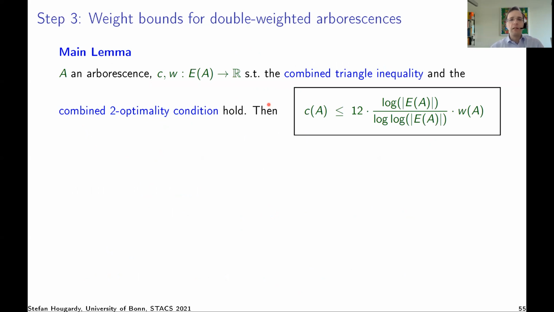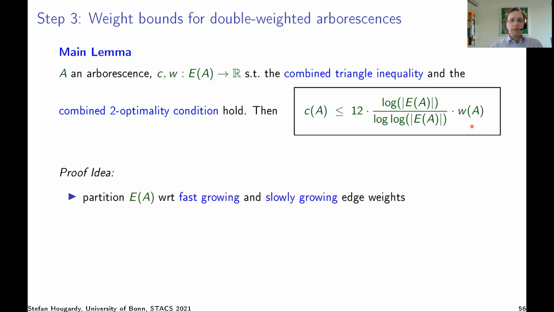The statement is: if we have two such weight functions and we know that the combined triangle inequality and the combined two optimality condition hold, then we can bound the total C weight of our arborescence by the total W weight of our arborescence times some log over log log factor in the number of edges of this arborescence, and some constant factor. Since the C weight corresponds to the total weight of our set S1 prime, and W corresponds to the weight of the optimum tour, this is our desired result. So it remains to prove this main lemma.